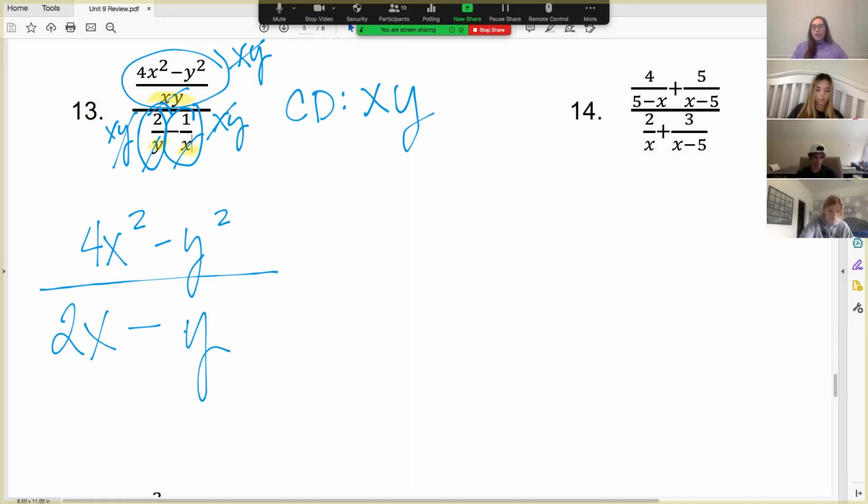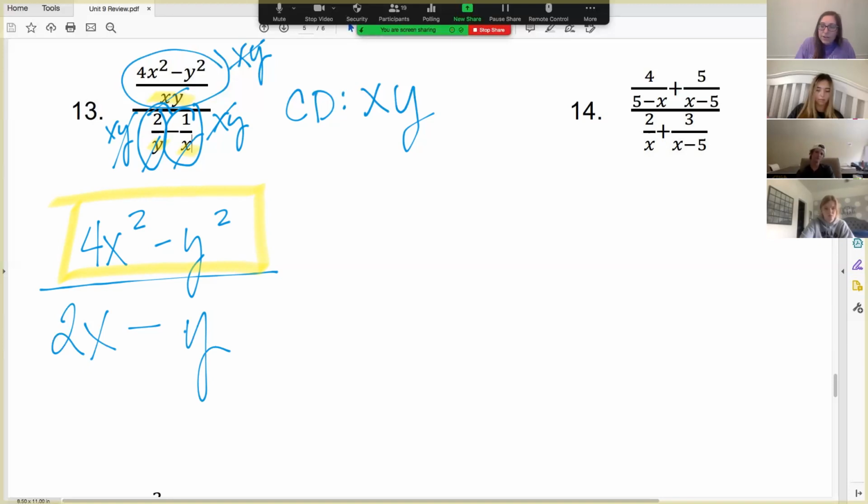You look at that and you think, am I done? And the answer is no, because technically I can still factor the top. It's a difference of squares. It just has a y in it instead of a number, because we're just used to x's and numbers.